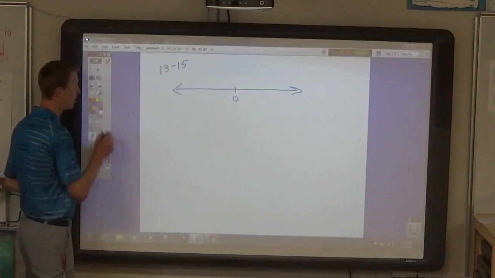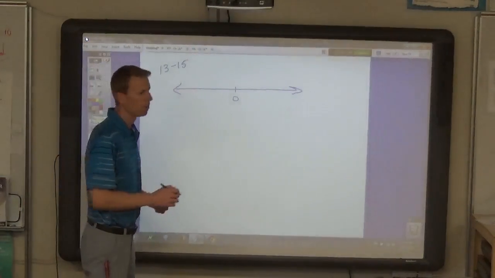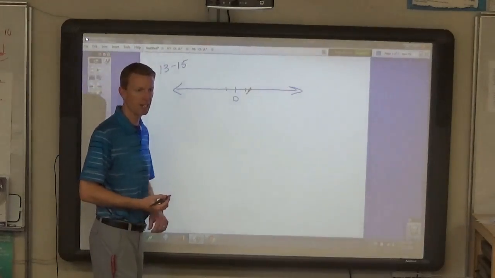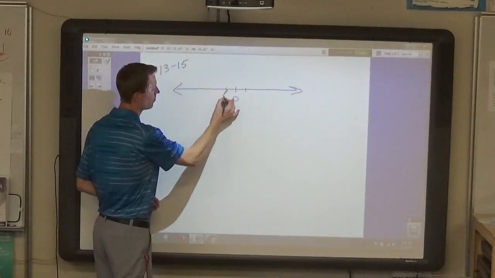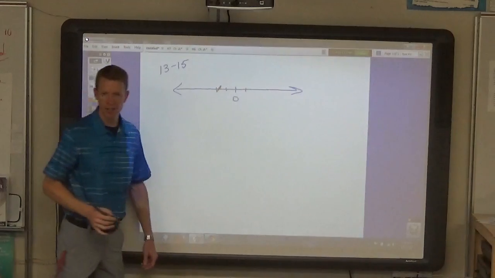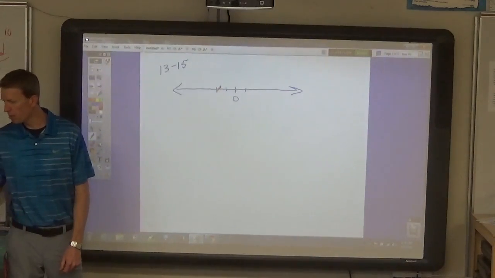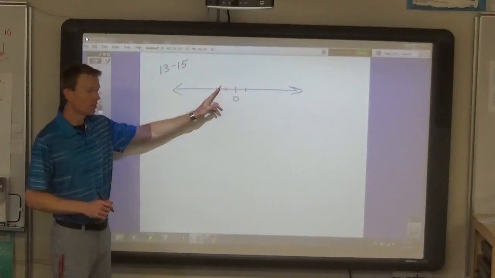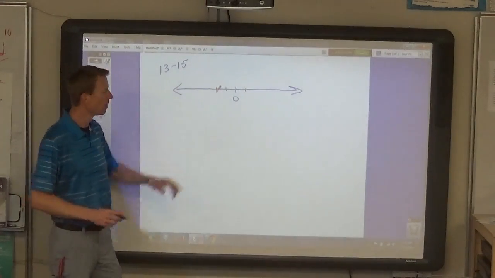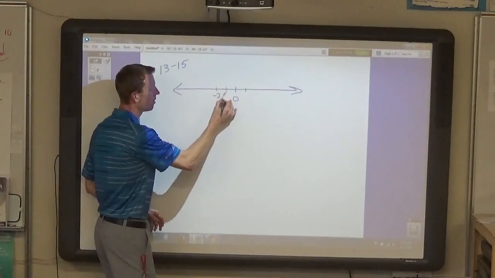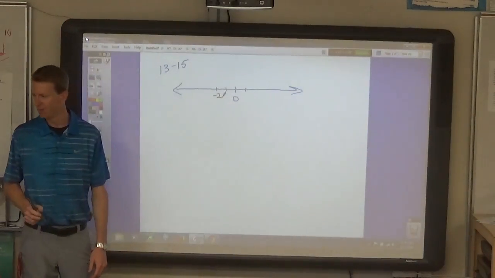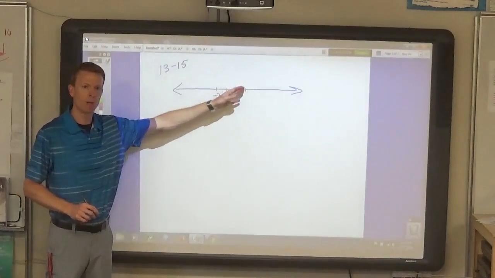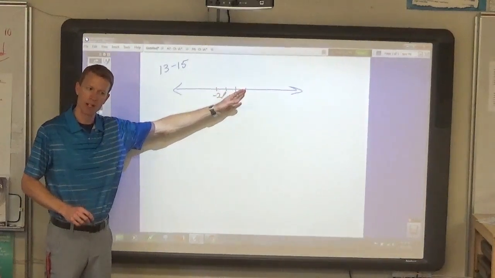And then put tick marks to represent the numbers on opposite sides of 0. The first one that you're given in number 13 is negative 2. So you need 2 spaces on the left side of 0, and you can mark negative 2. Now put a tick mark for every number, but you don't have to label every number, okay?